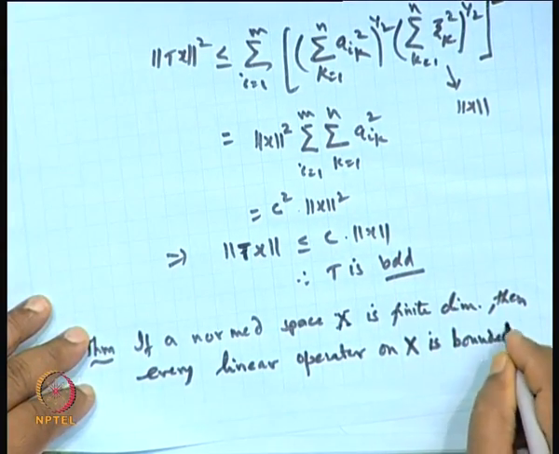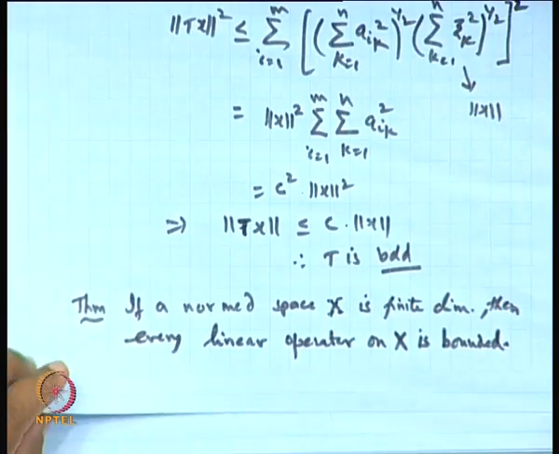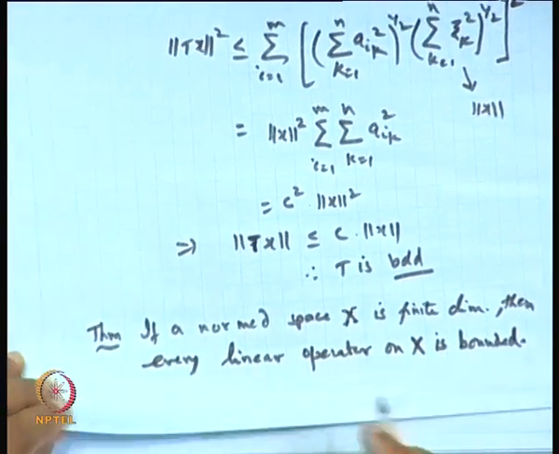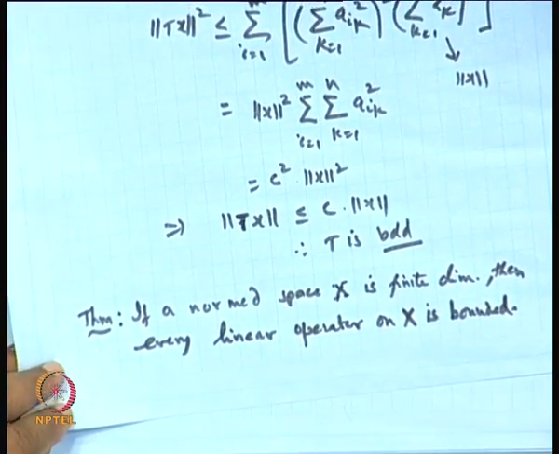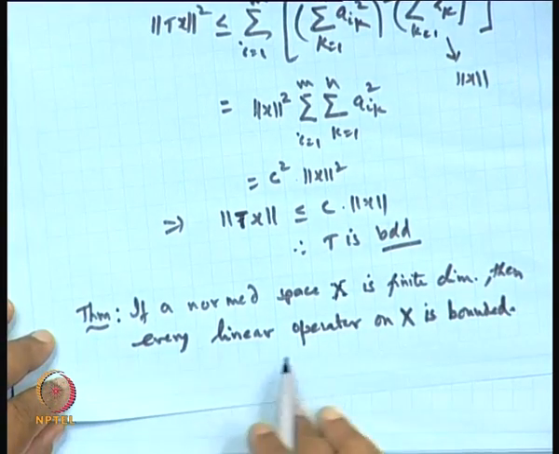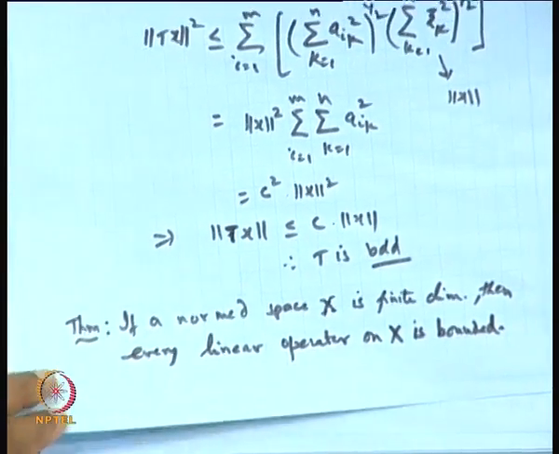Okay. Let us see the proof of this. In the case of a finite dimensional normed space, any linear operator is a bounded operator. The proof of it.